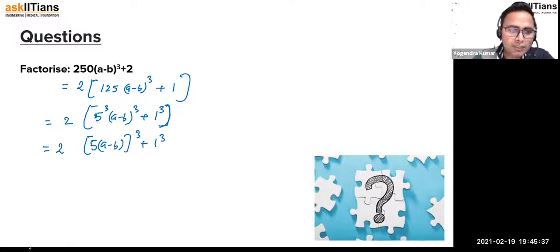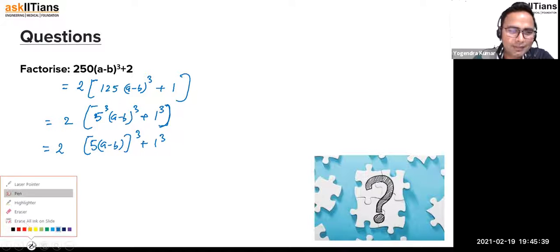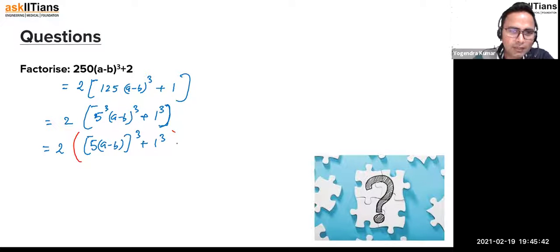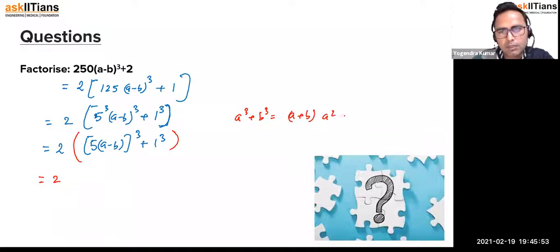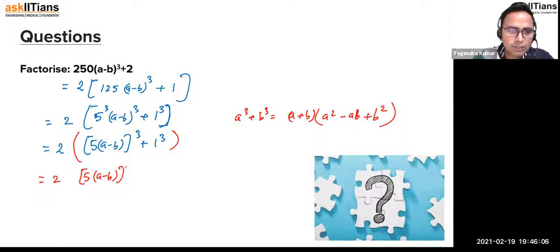Now can you tell me which identity is going to apply here? I hope you are understanding already that we are going to get this identity again, a cube plus b cube, which is what? (a plus b)(a square minus ab plus b square). We need to be careful here. Okay, minus ab here. So we got 5a minus b, right? This square, I'm so sorry. Okay, a plus b we need to apply here.